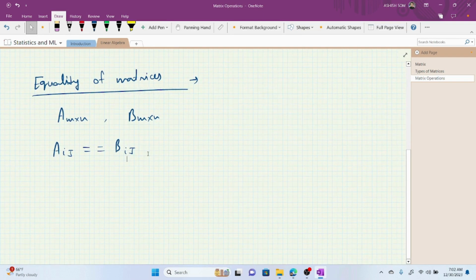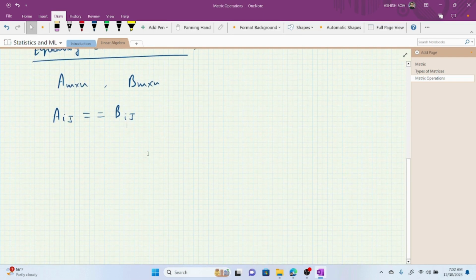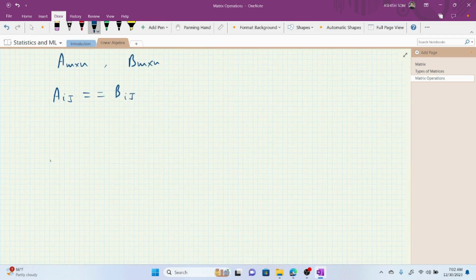First of all, let's understand the generic representation of a matrix. Let's say I have a matrix A, suppose a 3 by 3 matrix. This is the first row: A is the element available at the first row and first column, first row second column, and first row third column. The same way, second row first column, second row second column, second row third column. Now we have third row first column, third row second column, and third row third column.